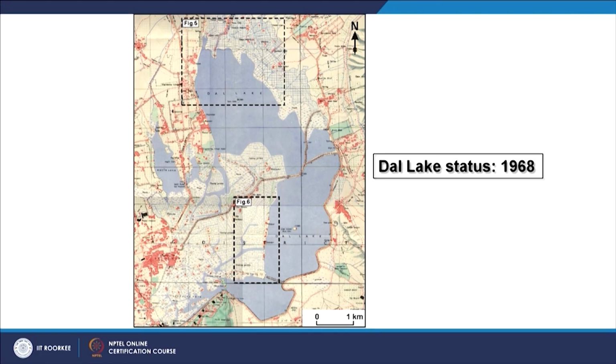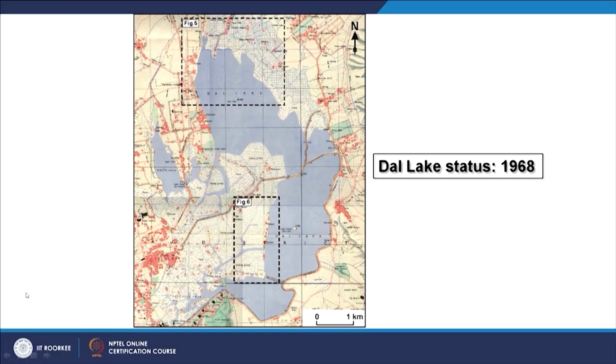In that project, we wanted to restore this Dal Lake, and one more small lake, called Nagin Lake. We wanted to restore the shape and water quality of these two lakes.